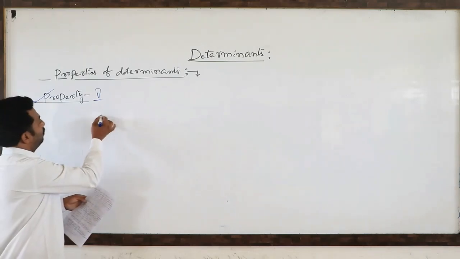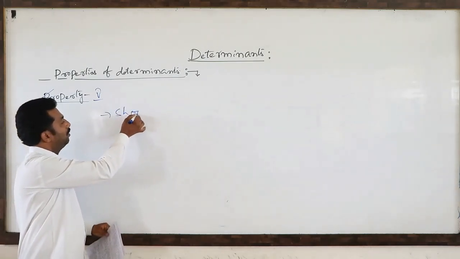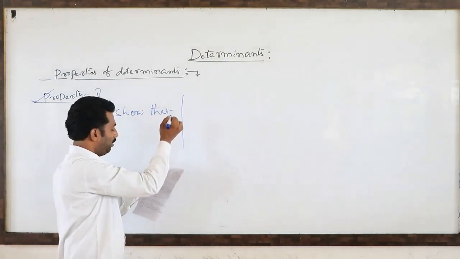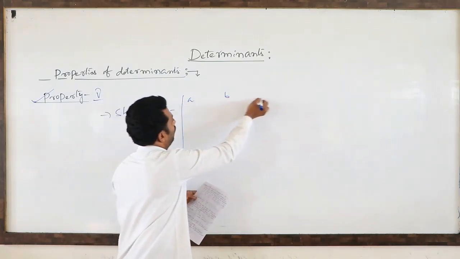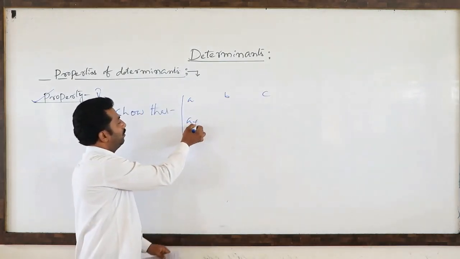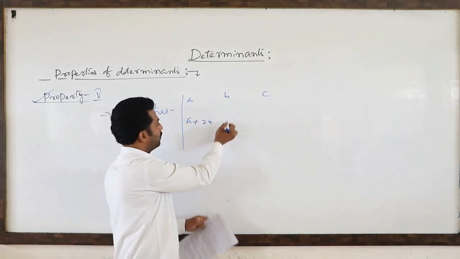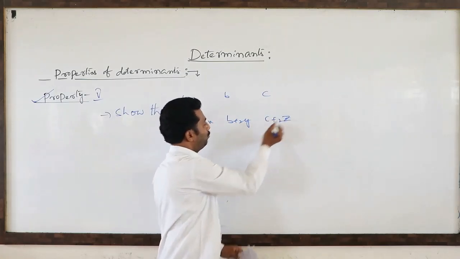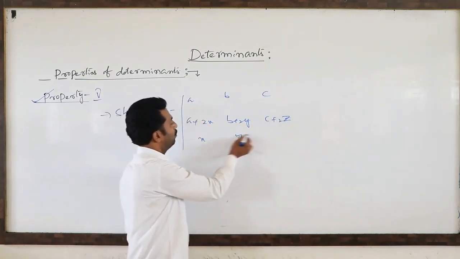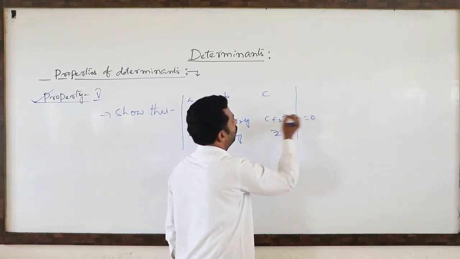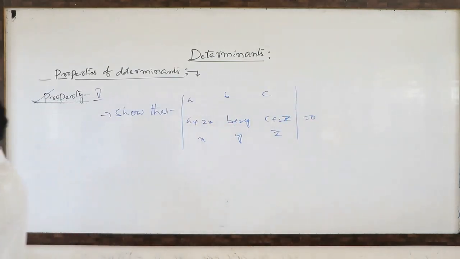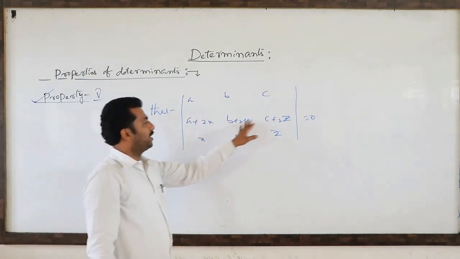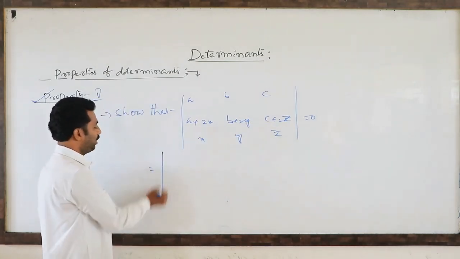One example. Show that the determinant with rows A, B, C; A plus 2x, B plus 2y, C plus 2z; and x, y, z is equal to 0. We have to prove it. What you observe here: the second row elements are expressed as sum of two terms, which means this determinant also we have to express.